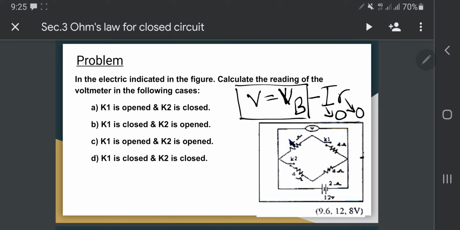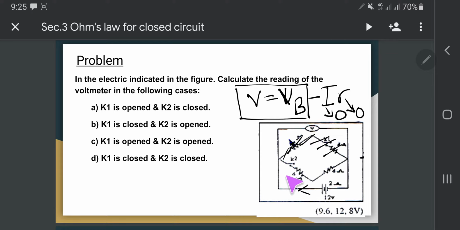So in the electric circuit indicated in the figure, calculate the reading of the voltmeter. Number A: K1 is open, K2 is closed. When K1 is open and K2 is closed, this branch is cancelled, so the current comes from the battery and passes through this branch only.